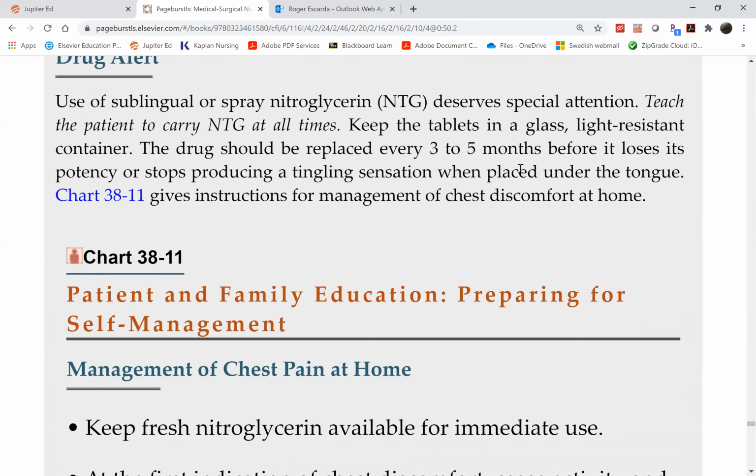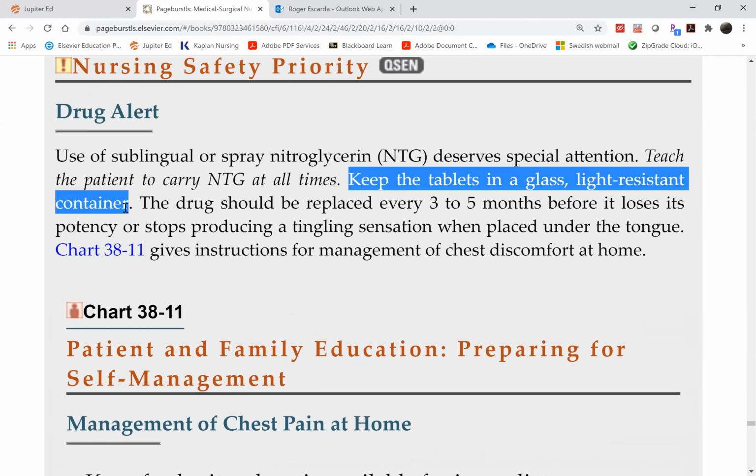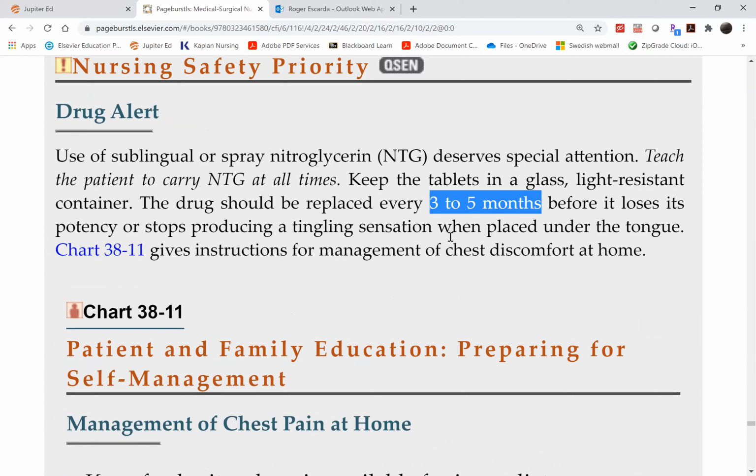Okay, because of nitro, I have questions on nitro, especially on teaching for a patient. So they cannot take it out of the bottle and keep it in another container. Okay, it must be kept in its original container, which is usually light resistant. It's colored dark brown. It should be replaced every 3 to 5 months.